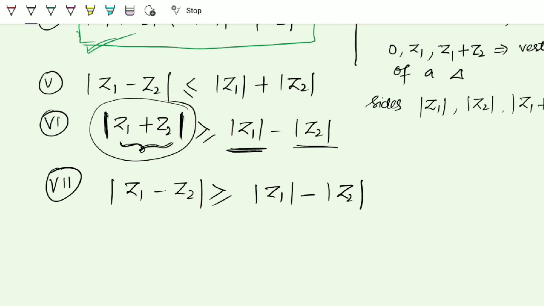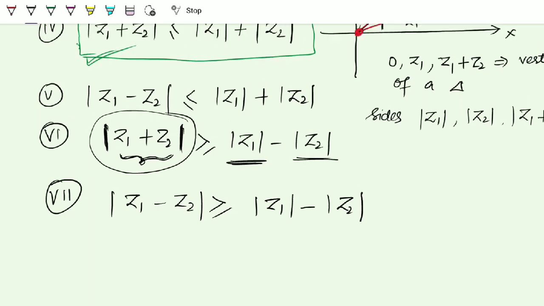We can prove all these relations like we have done for the first case.